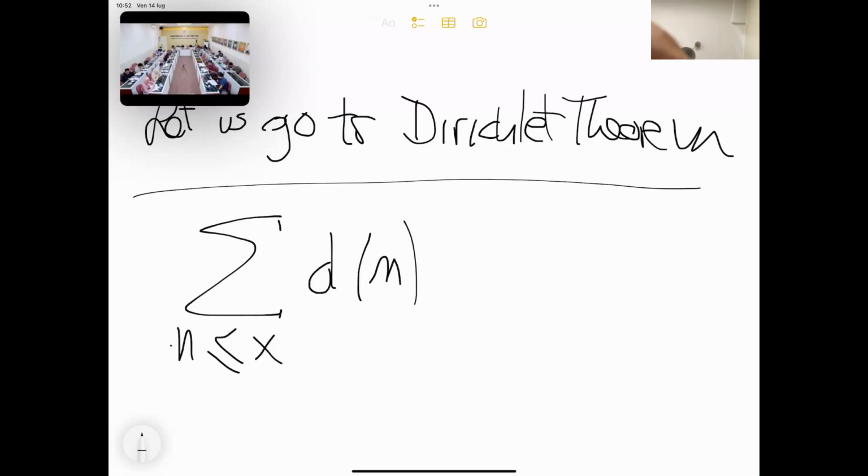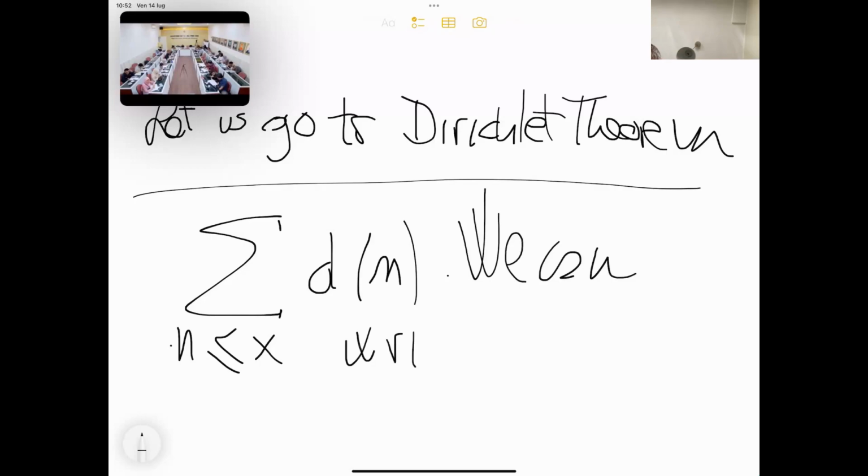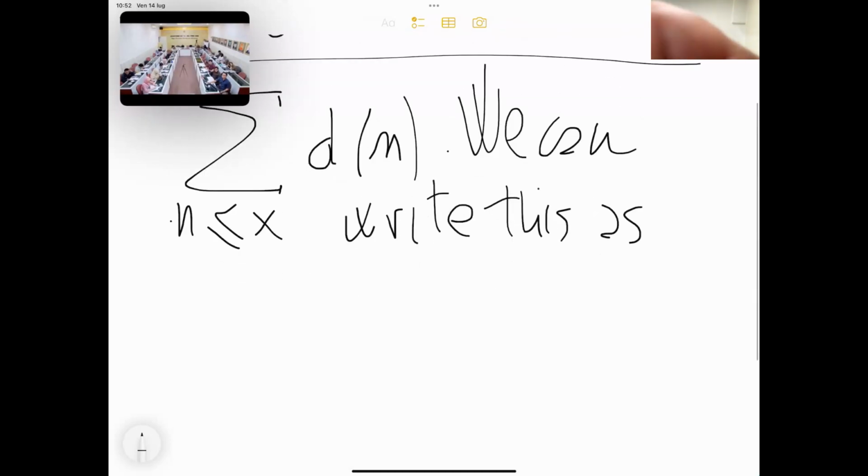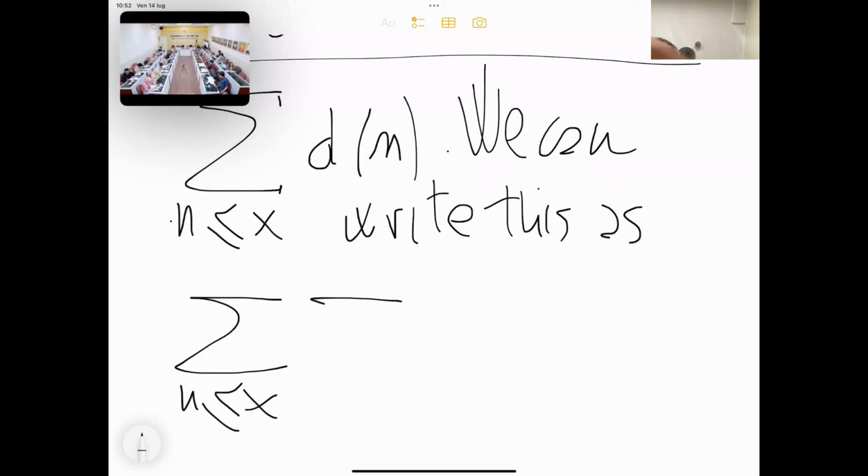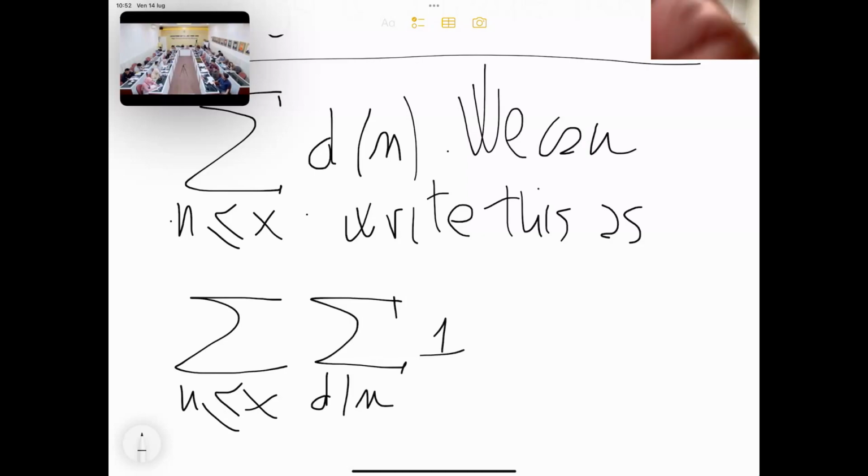So we can write this in the following way, as the sum for n less or equal than x and the sum for d dividing n of 1, right? So this is the way of writing. These two sums are the same, right?